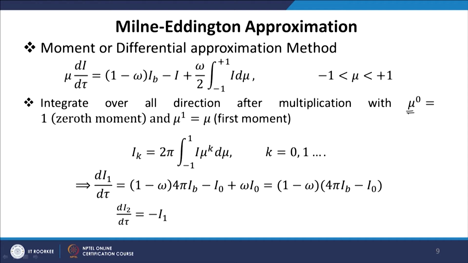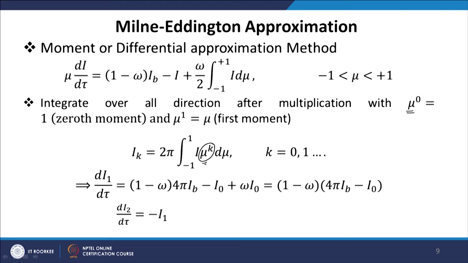If k is 0, it is called the zeroth moment, and if k is equal to 1, we call it the first moment. In mathematics, this procedure of multiplying a quantity by a certain quantity raised to power k and then integrating over all the values of that quantity is called a moment.